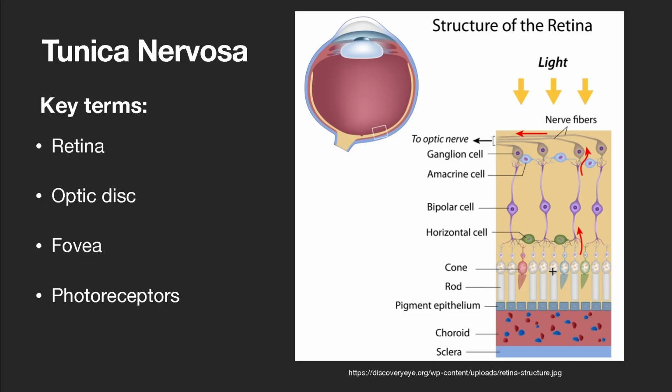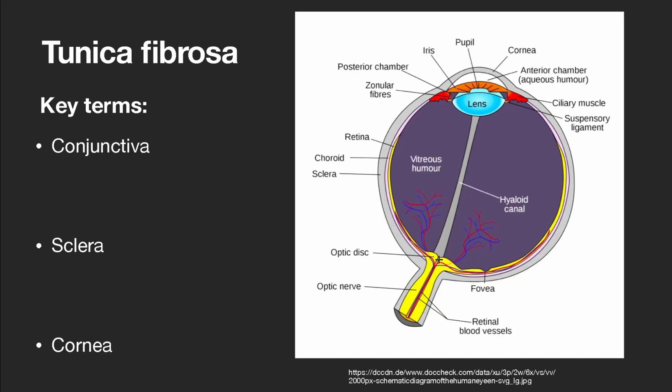And this change in retinol will cause a membrane potential in the cones and rods, which is then picked up by the bipolar cells, and then the ganglion cells, and then to the nerve fibers, to the optic disc, optic nerve, up to the brain.